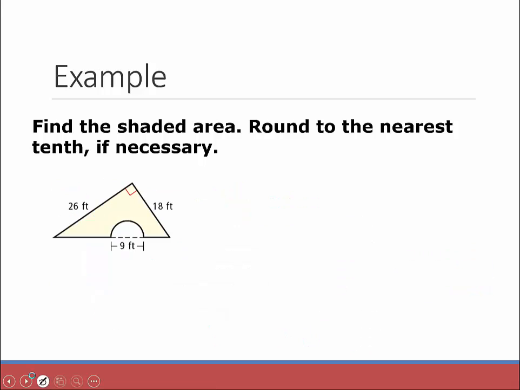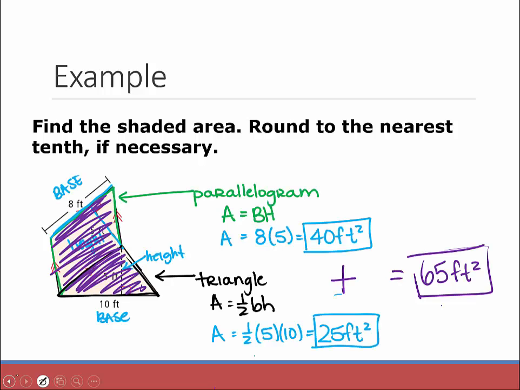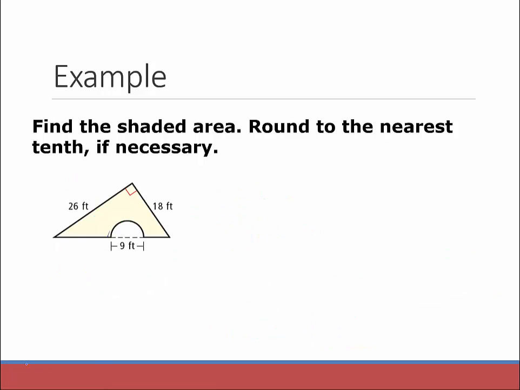Let's try one that's a little different. Since we want this shaded area and part of it is cut out, we're going to have to subtract instead of adding things together like we did here. The original shape that I see is a giant triangle. I know the area of a triangle is 1/2 base times height, and they give us those two pieces of information.